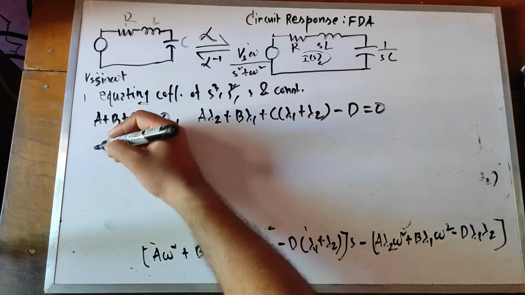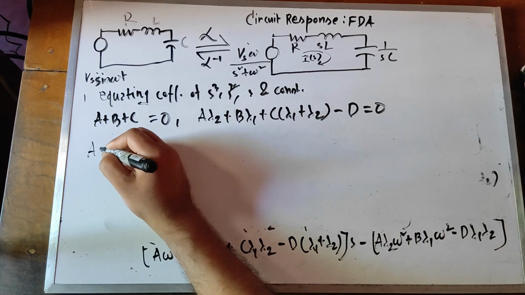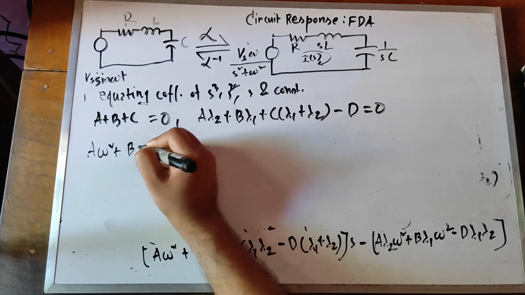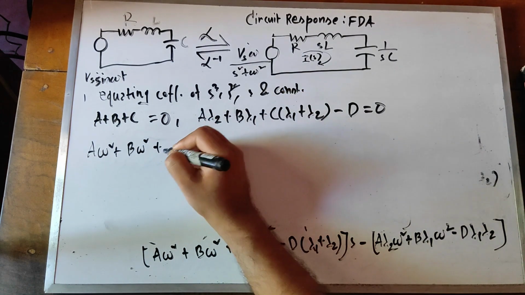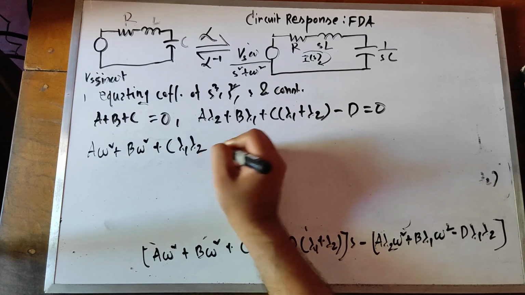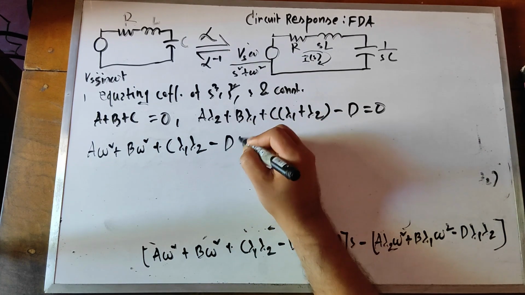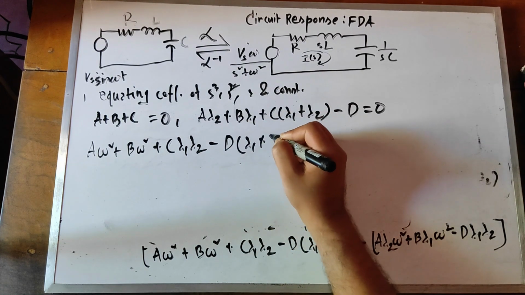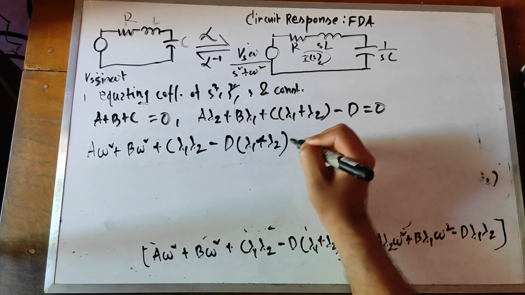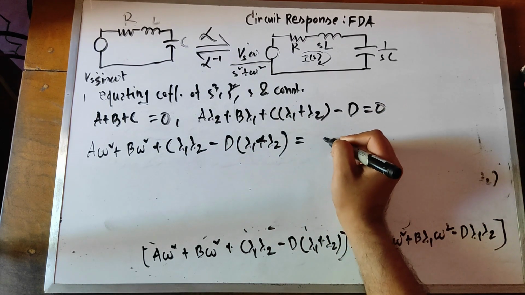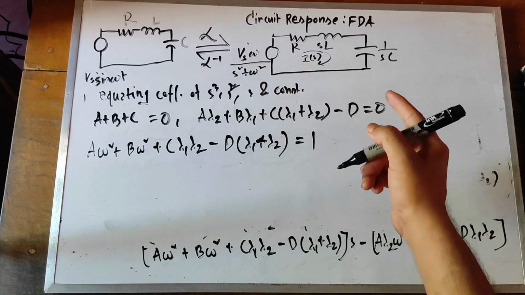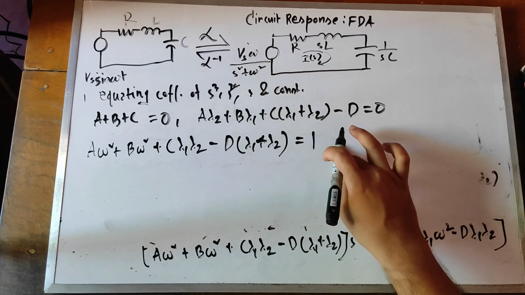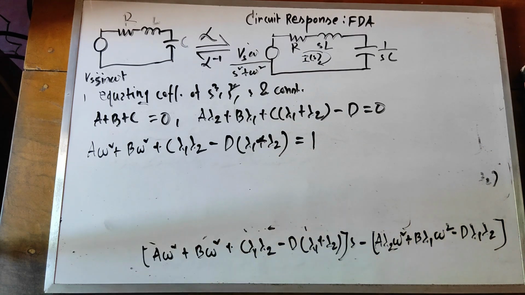Then I'm getting A omega squared plus B omega squared plus C lambda 1 lambda 2 minus D (lambda 1 plus lambda 2) equals 1. Okay, it will be 1 because there was s on the left hand side.